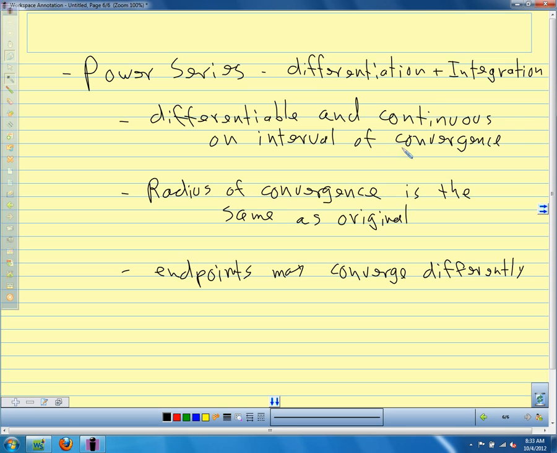It's really in the differentiation and integration where power series become very useful in various applications, when we can find a power series representation of a function. All right, questions?